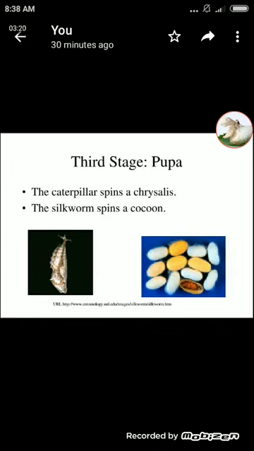It first weaves a net to hold itself, which means the caterpillar covers itself in a net, and then it swings its head from side to side in the form of a figure of 8.